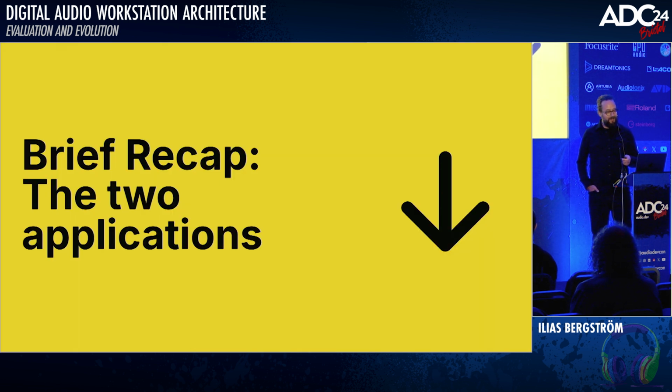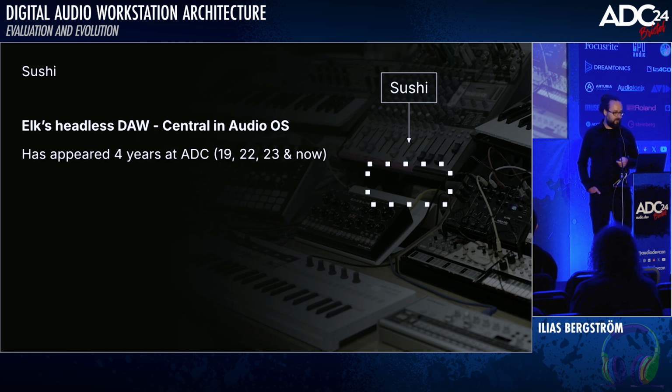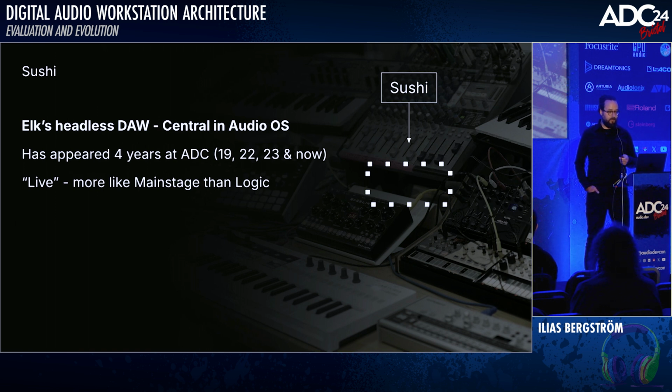Anyway, so a brief recap: the two applications that I talked about last year and that the examples will be covering. First, there's Sushi, which is Elk's headless DAW, and it's central in the audio operating system of Elk. It's appeared at ADC already 4 times, from 2019 until just now, and earlier at the conference, of course. It's a live DAW, so it's more like MainStage than Apple's Logic. And that mainly means that it lacks any timeline implementation, and it doesn't have a graphical user interface.